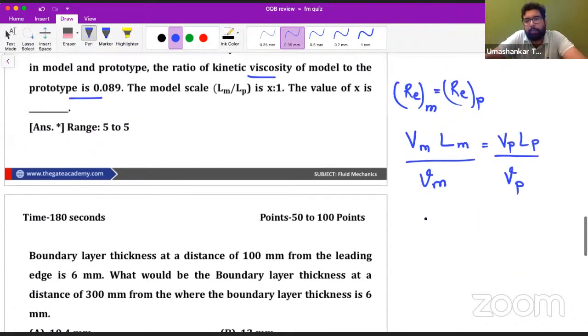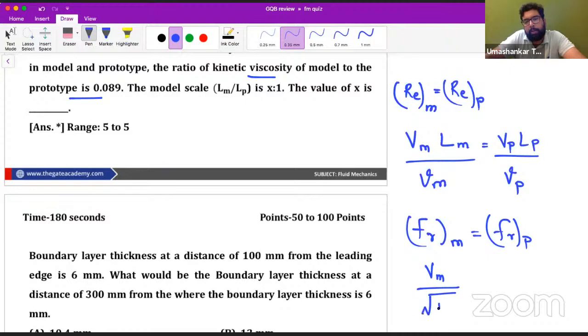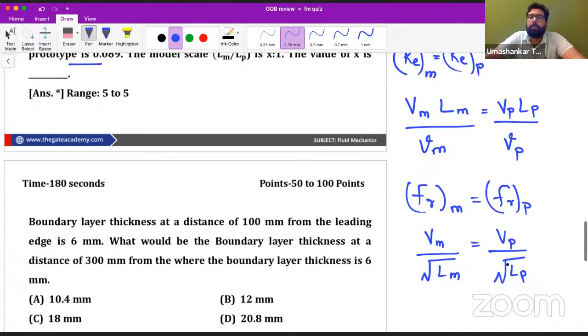Now they are also saying the Froude number is the same. So Froude number of model and Froude number of prototype are also the same. In the Froude number, we have velocity of model upon root Lm, and g is also there, but I am not writing it because g will cancel out. So Vm upon root Lm is equal to Vp upon root Lp.